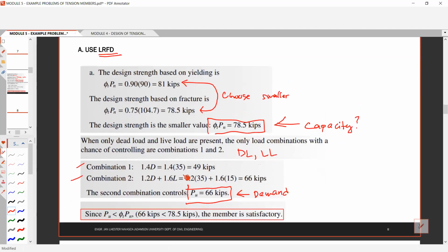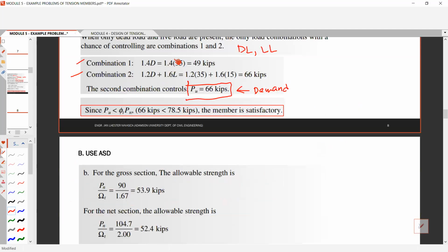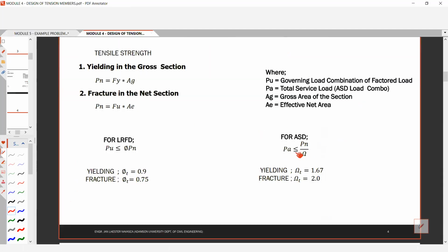Okay, what if we base our design on ASD? Since we are using ASD, we are dividing the nominal strength by a factor of safety omega. Based on yielding, we have a factor of safety of 1.67, and based on fracture, a factor of safety of 2.0.